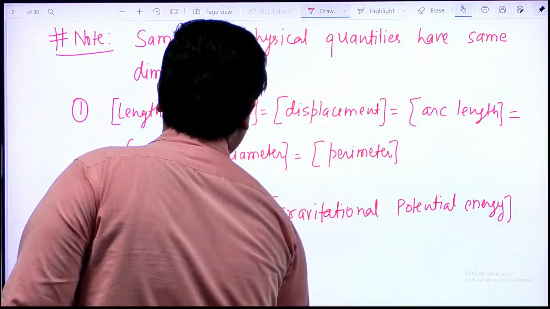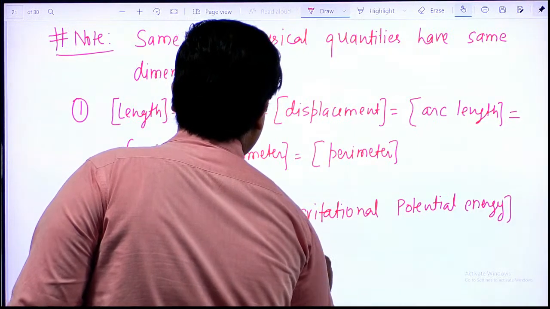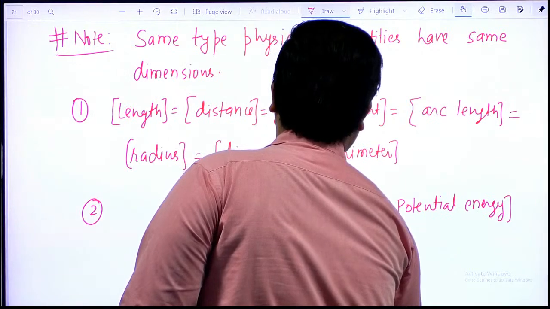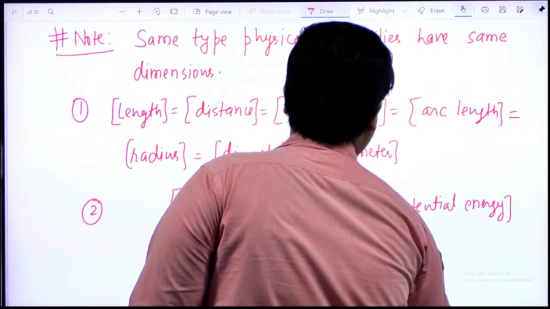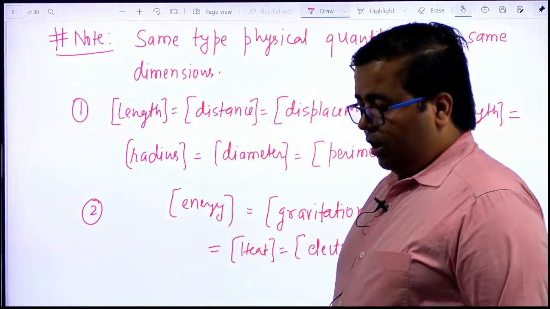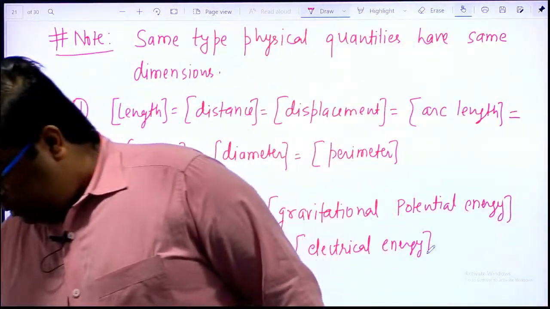Heat is a form of energy. You can write electrical energy. So it means it doesn't depend on the type of physical quantity.